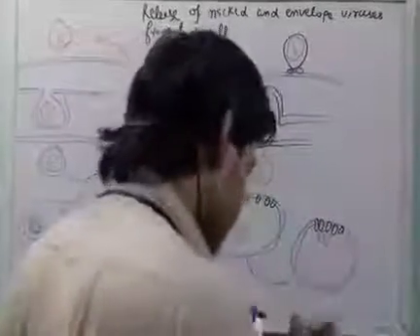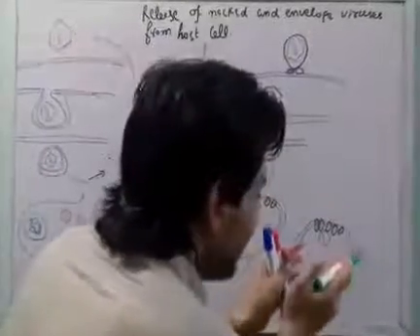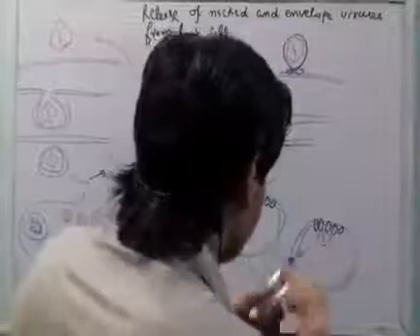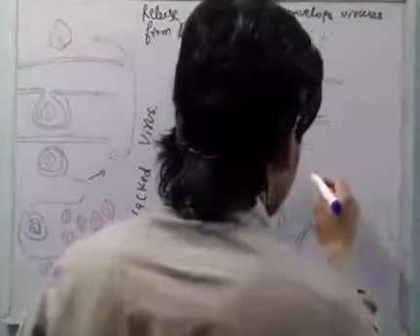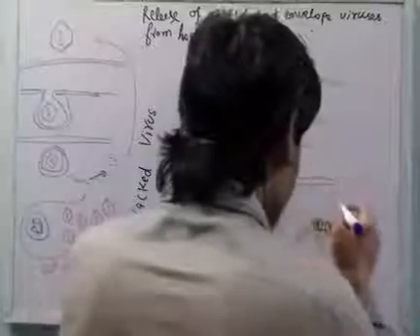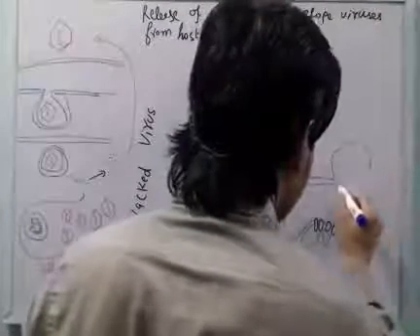Once they attach to this protein area, then what happens? After that, if I draw the structure of the cell membrane, there will be a structure just like this.